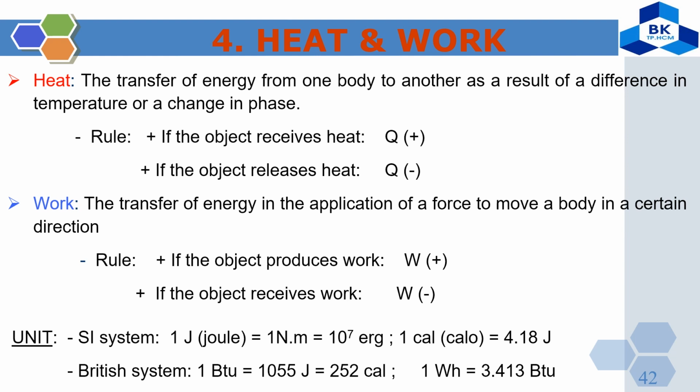For example, we have a motorbike, and when it moves from point 1 to point 2, it covers a distance x, and the weight of the bicycle is m. When it moves from point 1 to point 2, it produces a force F. We call this work.